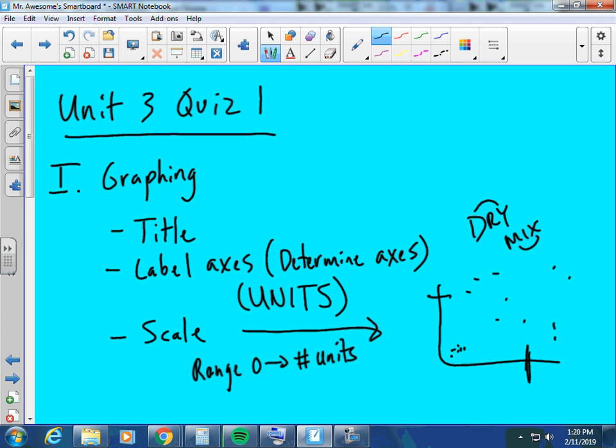And then how many marks do we have? Because a lot of times I'll give you a graph with marks already on it. So how many marks do I have along that axis? If I take that number of units that I need to cover and divide by the number of marks, that gives me a rough idea of what the value of each mark should be. A lot of times it comes out to be some weird decimal number, and that's okay.